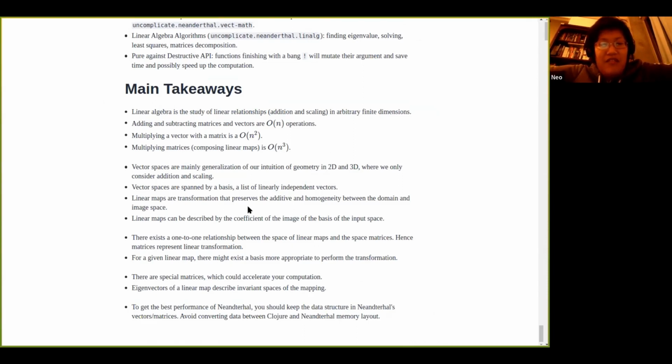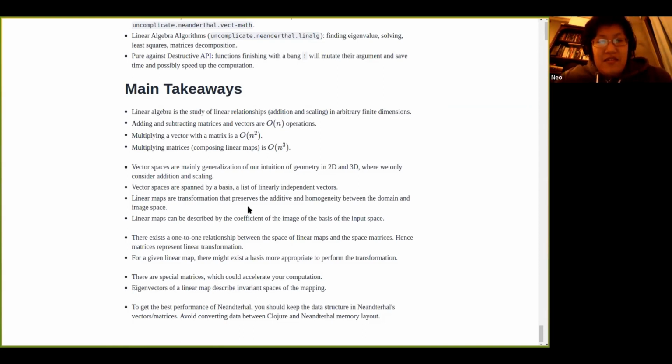So here the added value of specialized libraries might not be totally visible. But multiplying a vector with a matrix is O(n squared), and multiplying matrices, like composition, is O(n cubed). And this is where you might want to have a really good specialized linear algebra library.